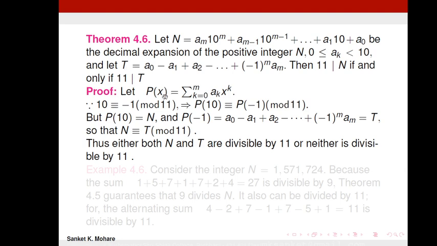If we expand this sum, we get the alternating sum, which is equal to t. So p(-1) equals t. Substituting these values, we obtain n is congruent to t modulo 11. Thus either both n and t are divisible by 11 or neither is divisible by 11, which completes the proof.